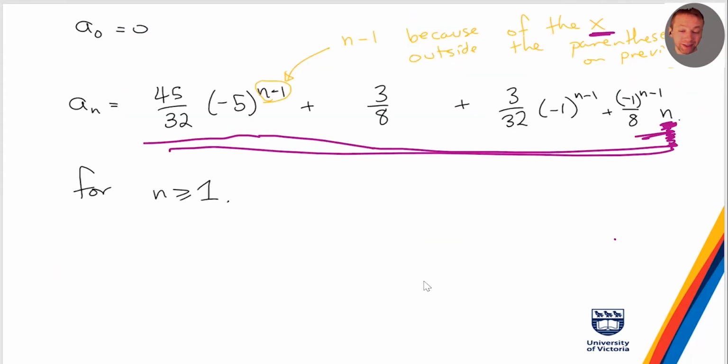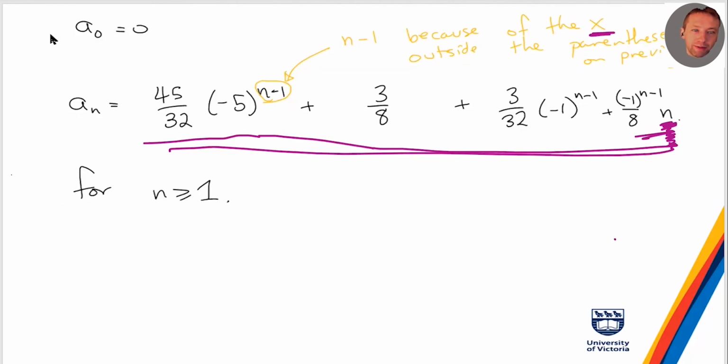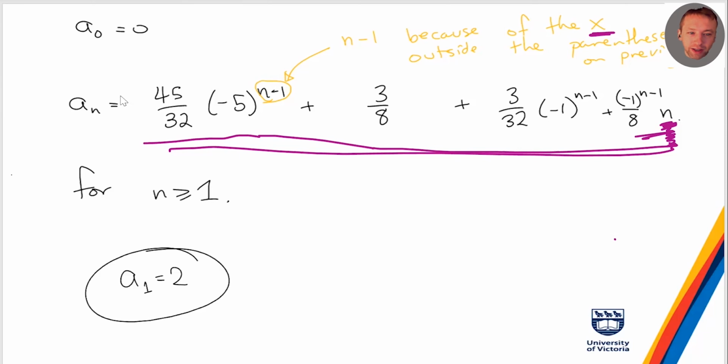Now, like I said, there are a lot of places to mess this up. If you were afraid that you've messed this up and you wanted to check your answer, you can always just plug in a few values. Remember we were given that a1 is 2, I think. So if I plug in a 1 to all these n's, you should get 2. Do you get 2? I have no idea.